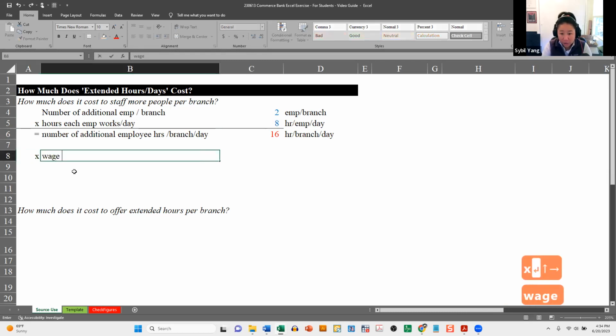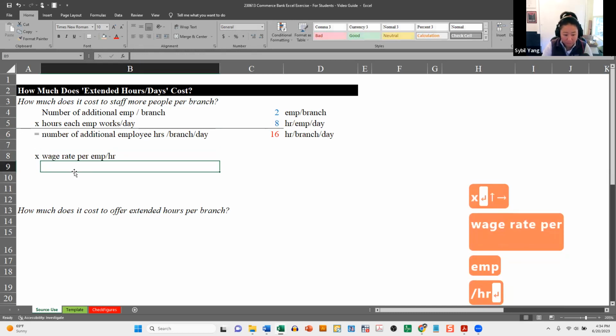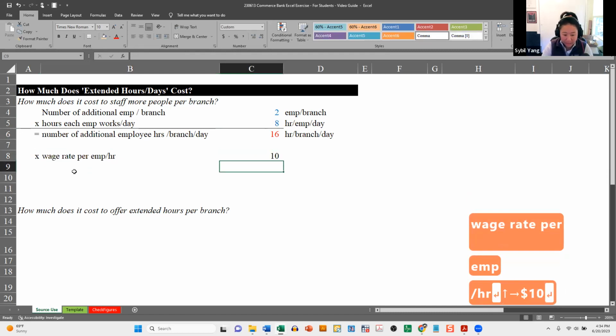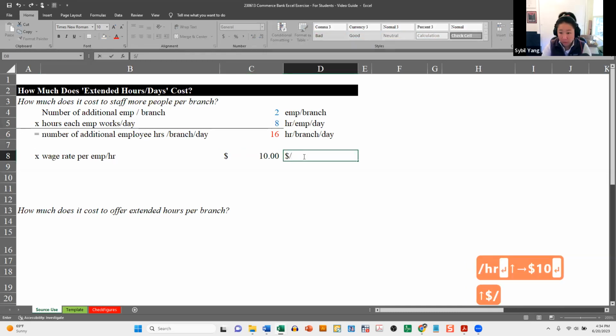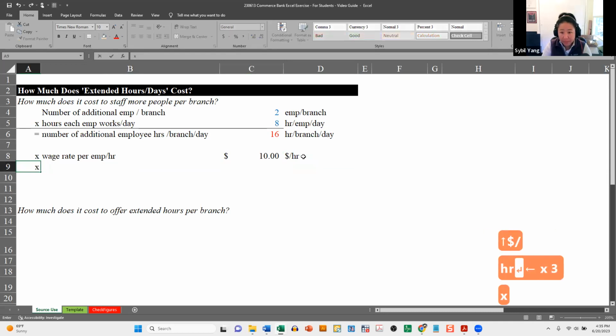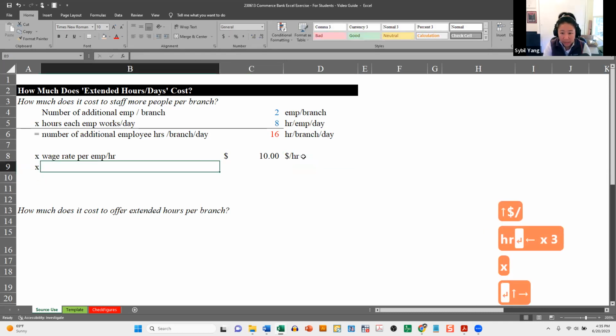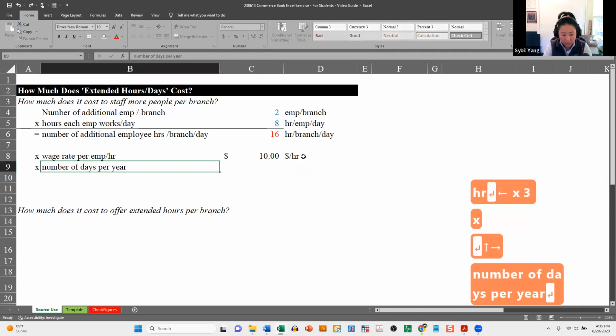The wage rate per employee per hour, because this was back in 2001, I'm going to say is $10 per hour. Then there are the number of days per year.